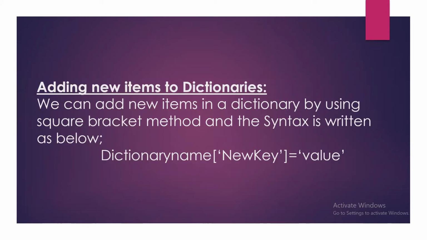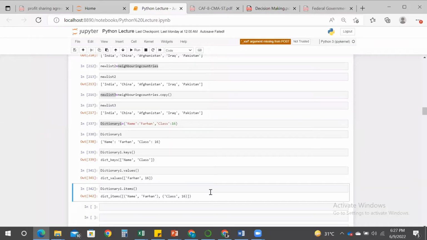We use the square bracket method to add a new element and assign the value to the key we define in the square bracket. So we type the dictionary name, inside the square bracket we define the key, and we give an equals to sign and assign a value to that new key. So let's see how we can do this in Python.